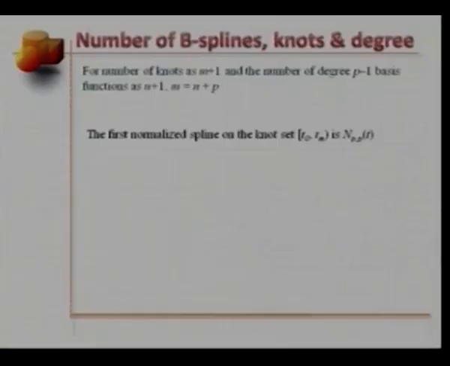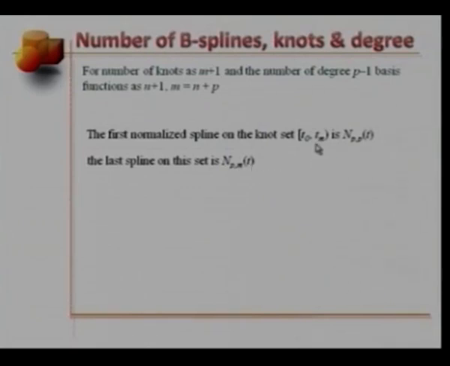This is a slightly different argument for the same property. Now, if you're looking at the knot span T0 closed, Tm open, the first normalized spline on this knot set is N_{0,p}(t). The last spline on this set has to be N_{m-p-1,p}(t).